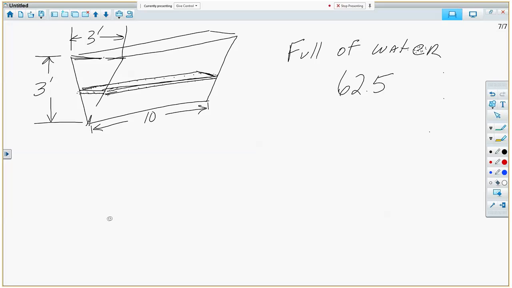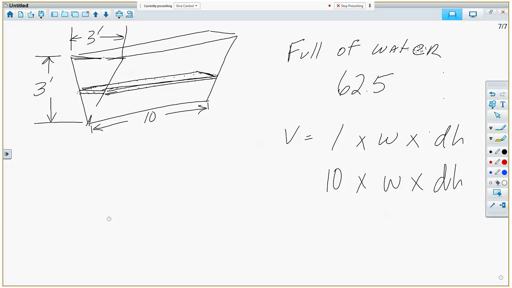Okay, it's a rectangle. The volume of a rectangle is length times width times what? Oh, I'll do the length for you. Now, I did the length for you. You just find the width.